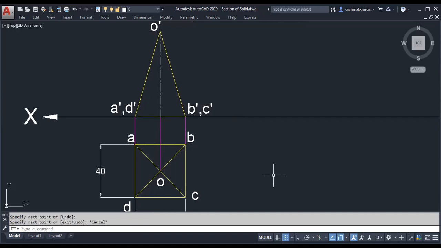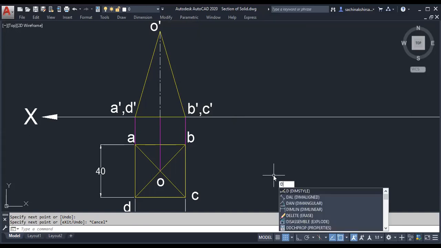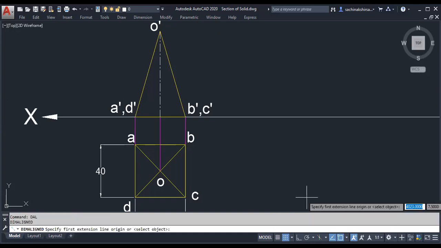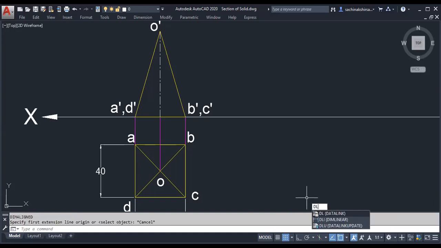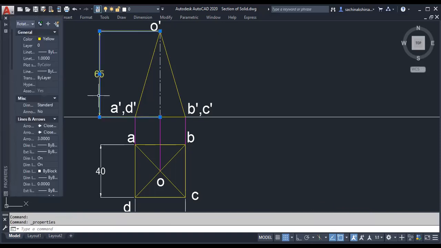So is the front view okay? How much should the front view axis length be? 65. Okay, 65.